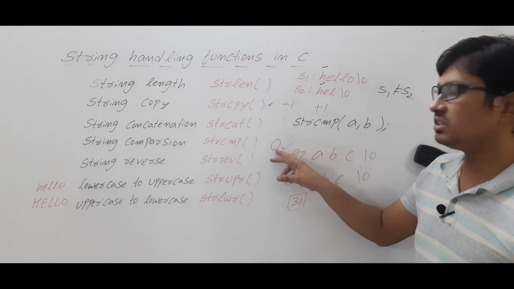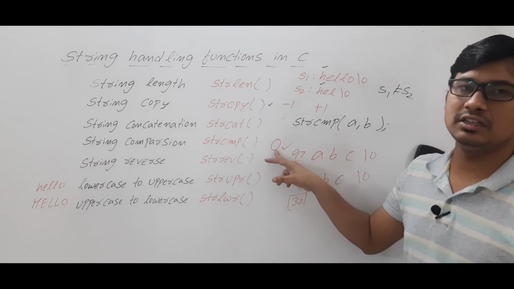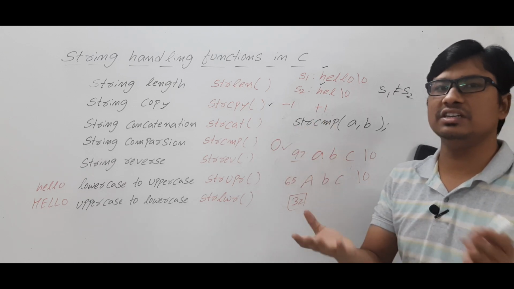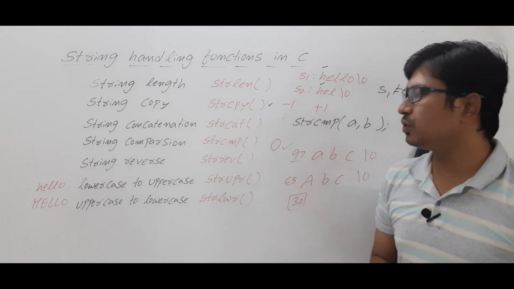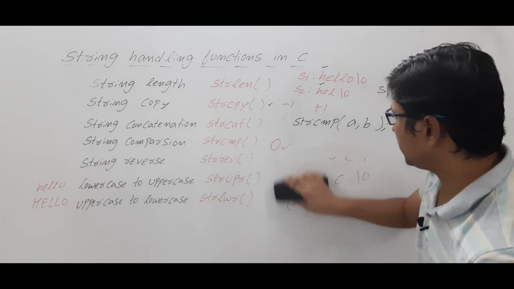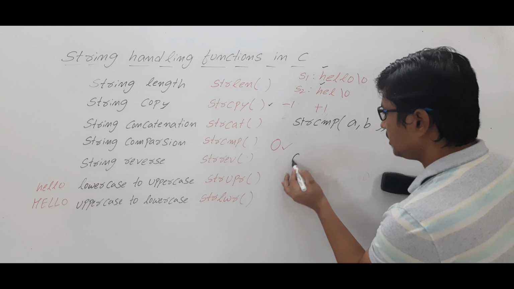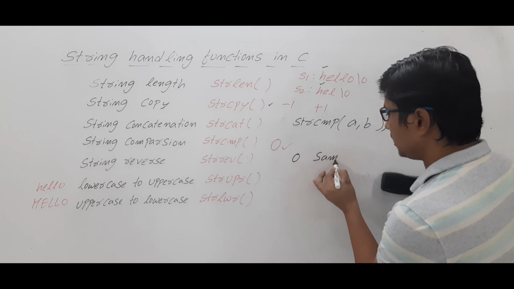So if this function returns 0, then you can say that both the strings are matching. Otherwise, you can say that one string is greater than another string. I hope you have understood. Okay, let me write here. If it is 0, both the strings are same.